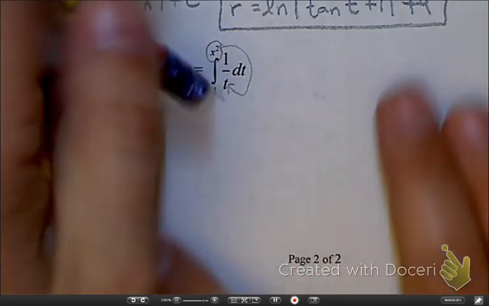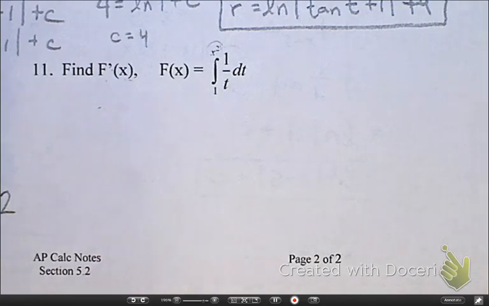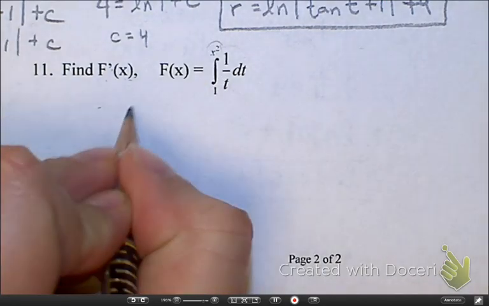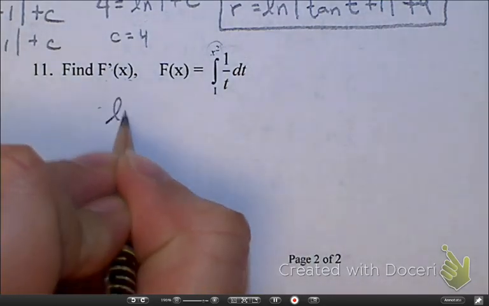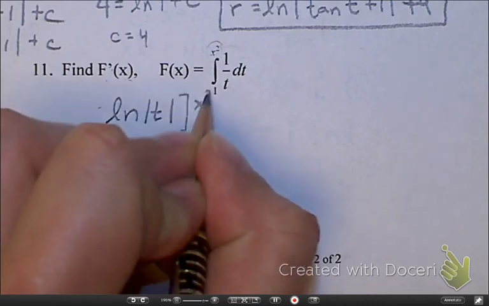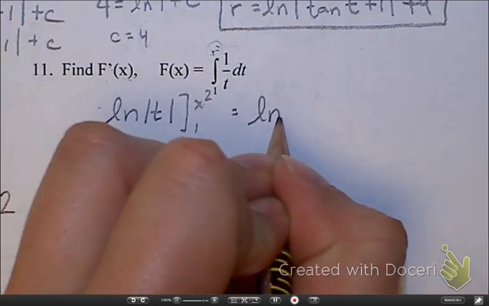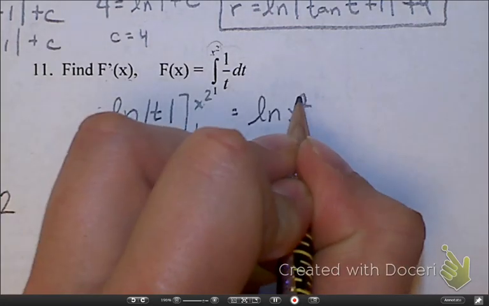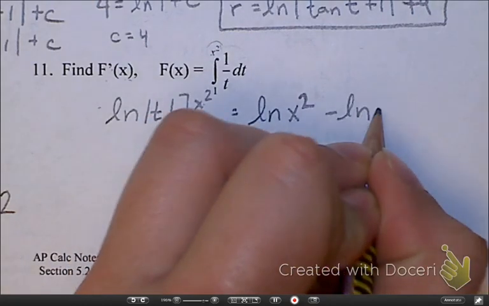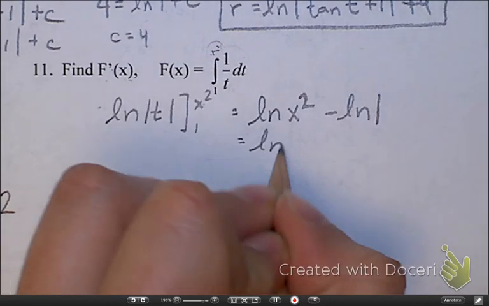So if I actually integrate this, I have the integration of 1 over t, to be ln of t from 1 to x squared. So if I plug in x squared to that, I get ln of x squared minus ln of 1, which is just 0, so this is just ln of x squared.